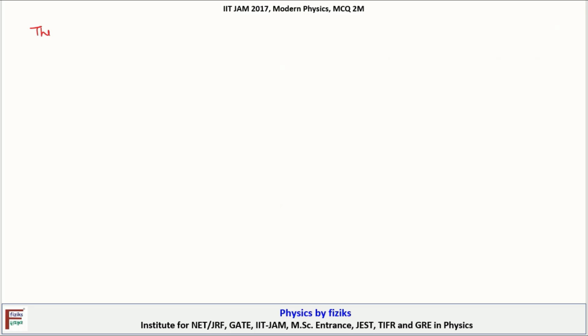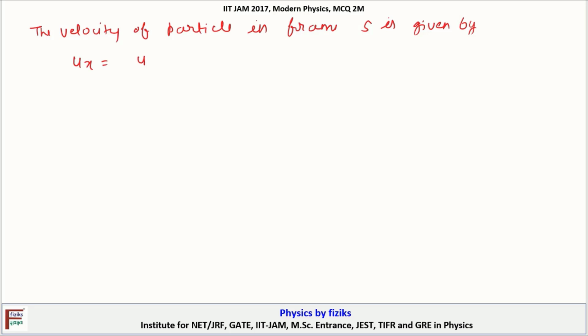The velocity of the particle in frame S is given by ux equals (ux' plus v) divided by (1 plus ux' v by c square).